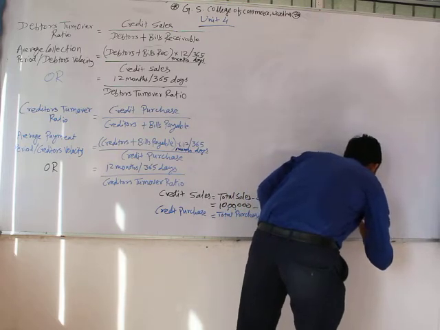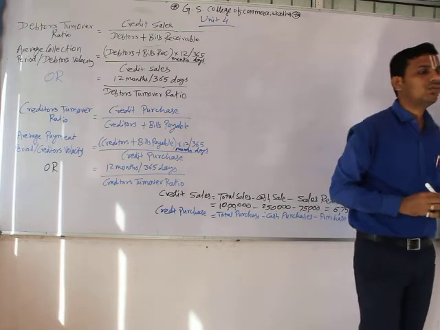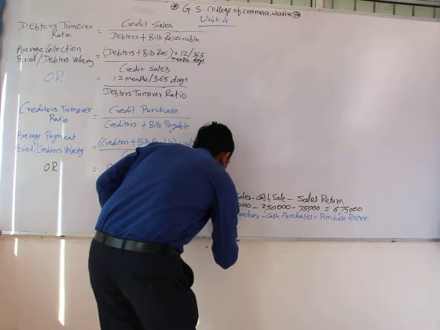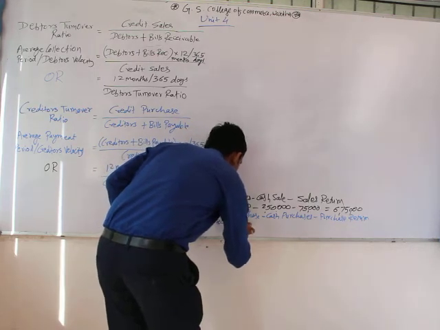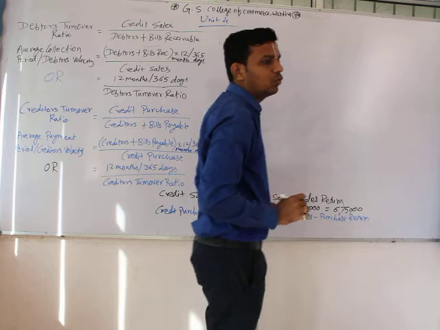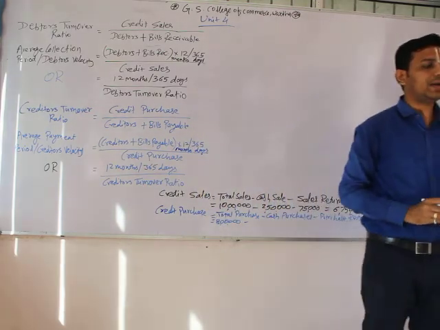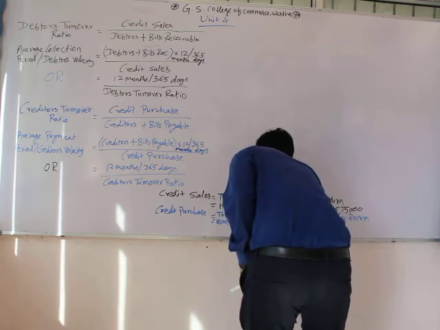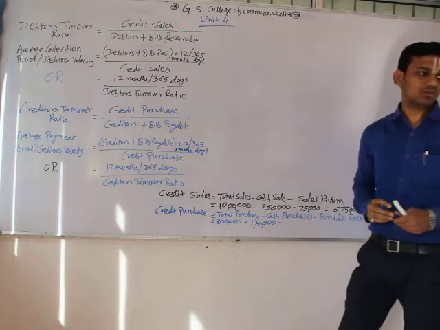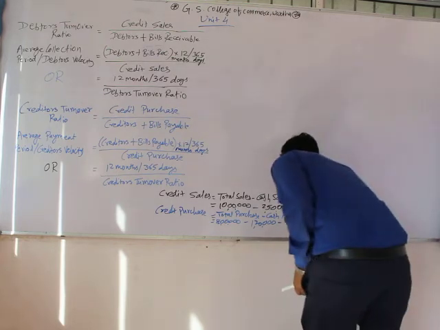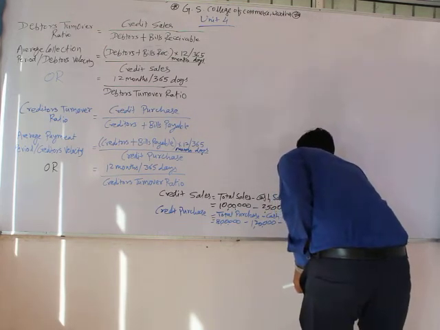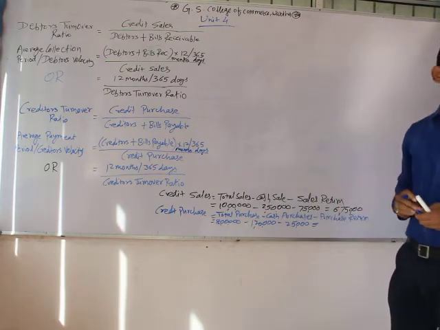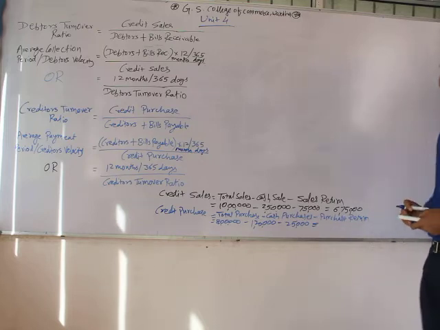Our total purchases amounted to rupees 8 lakh, minus cash purchases given as rupees 1,20,000, and purchase return was of rupees 25,000. Hence, our total credit purchase would amount to rupees 6,55,000.